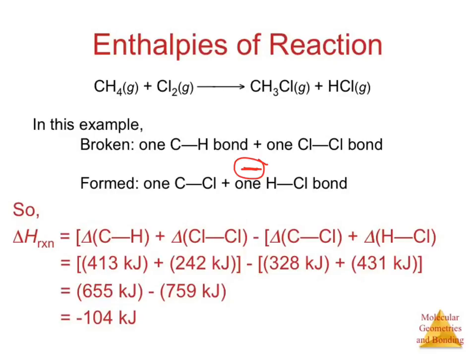Why don't you just realize that the opposite of breaking is formation. So if I need to change the energy of breaking, what should I do? Change the sign. It's not subtraction. I'm just changing the sign on that energy, which then means I just add all the terms together. One of those terms, or two of those terms, happen to be negative. They just decided it was easier to say, let's memorize this formula. It's complete crap.